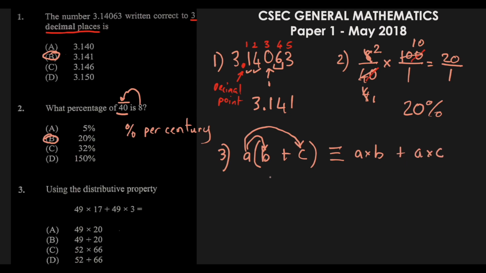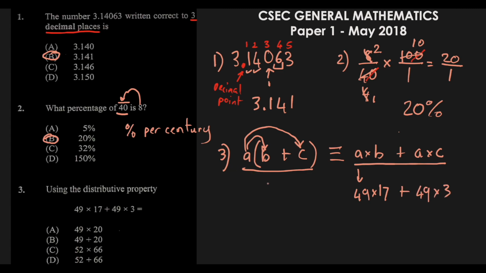So we are saying with the distributive property that this is equivalent to this. Now this question is in the form of this here. So I can replace this A with the 49 times the 17 plus the 49 times the 3.